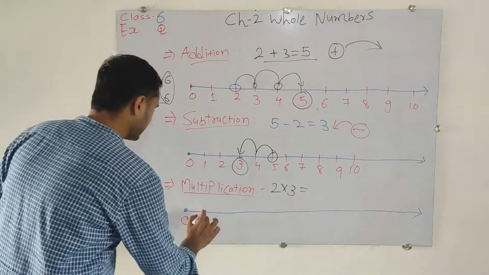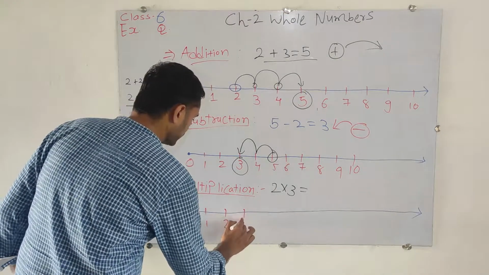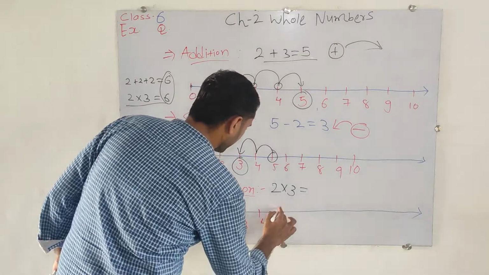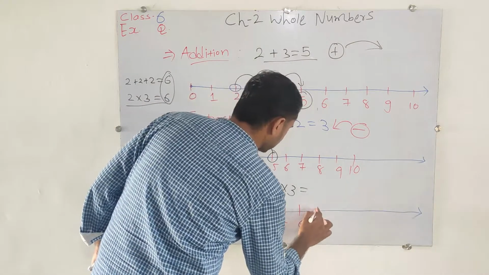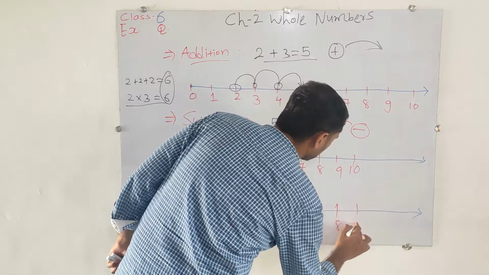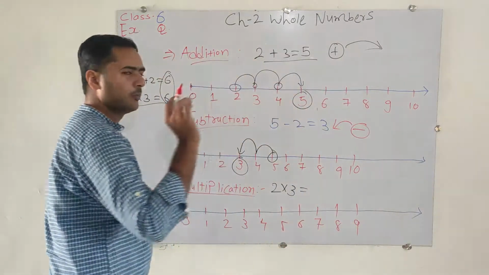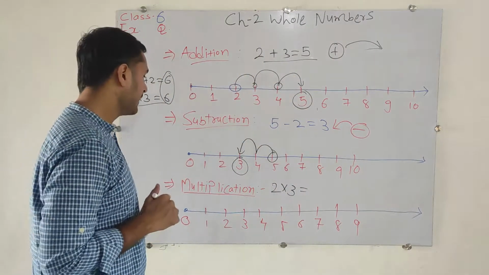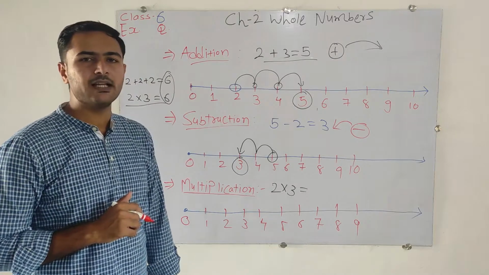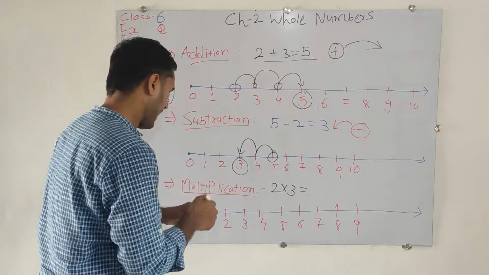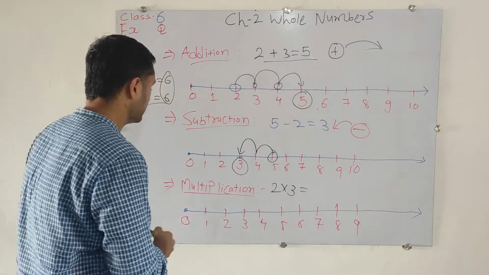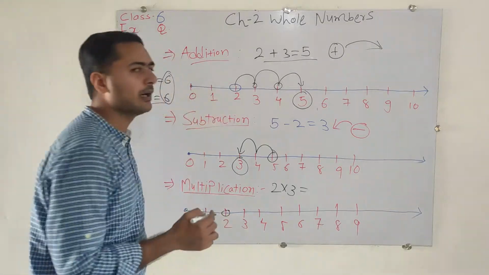So after 0 there are numbers 1, 2, 3, 4, 5, 6, 7, 8, 9. Now no more numbers need to be written. First of all, identify which number is there. That is 2, so I am going to mark 2.